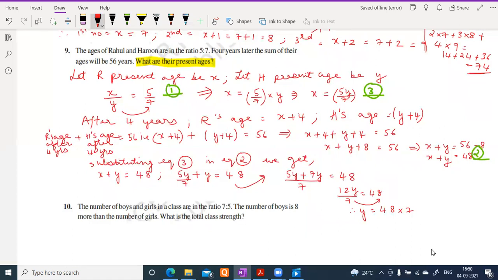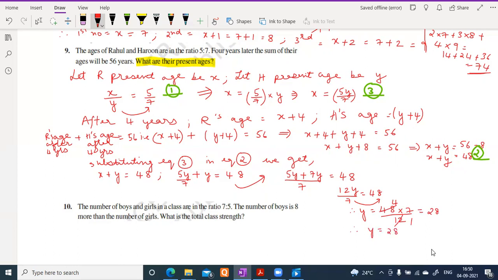This is 12 into y, so when it goes on the RHS it becomes divided by 12. 12 fours are 48, and 7 into 4 is 28. So therefore y is equal to 28.